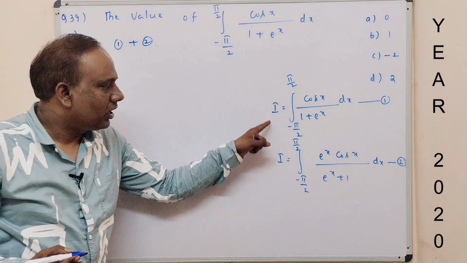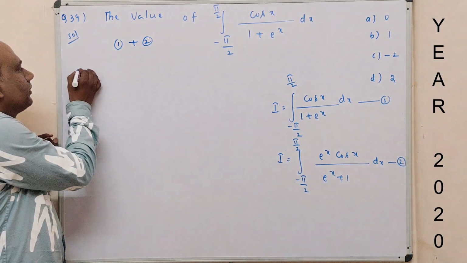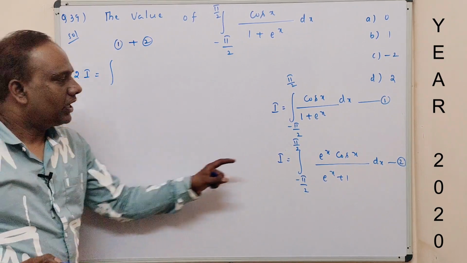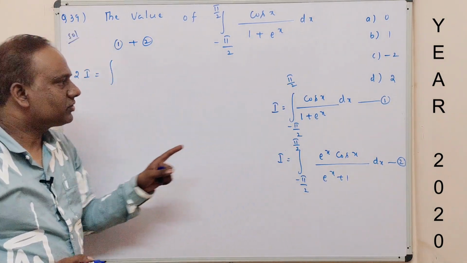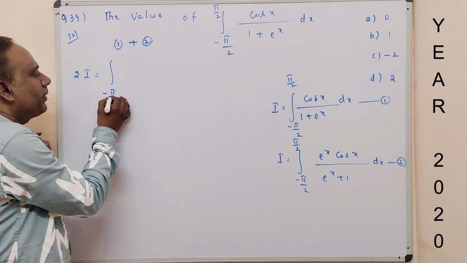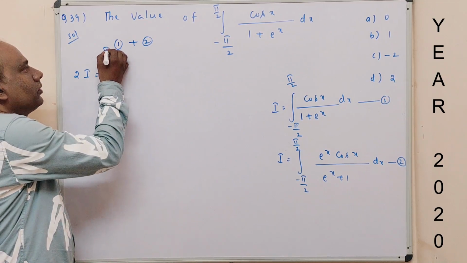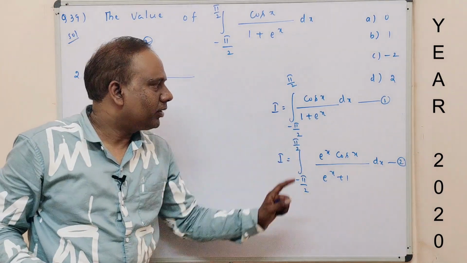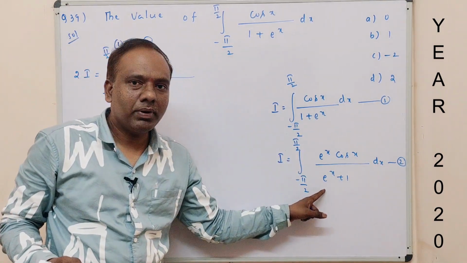Left side I plus I is 2i. 2i is equal to integration, actually the same integral values, from minus pi by 2 to pi by 2, and the denominator is 1 plus e power x, which is also 1 plus e power x.